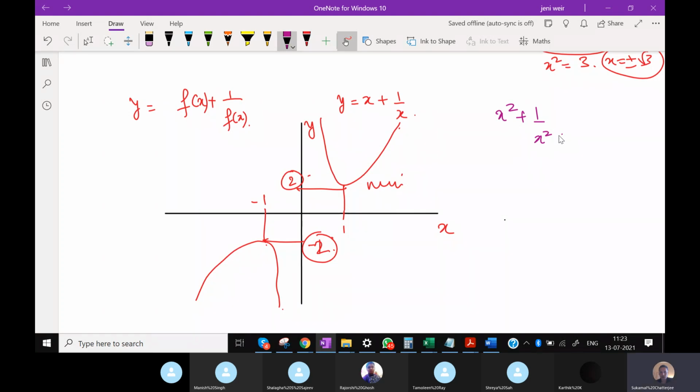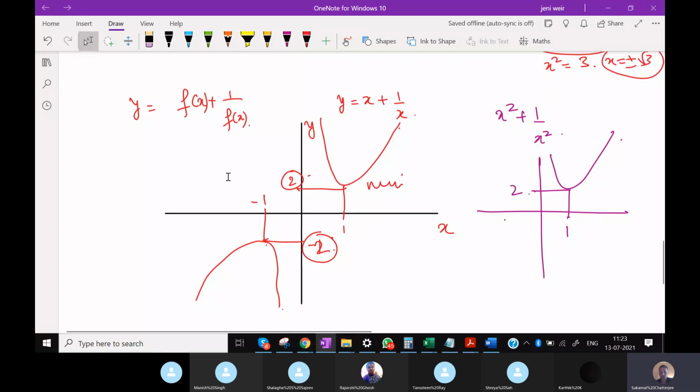So therefore, the graph of x square plus 1 by x square will lie only in the first quadrant. So this function is similar to this function, but the values will be always positive, right? Okay.